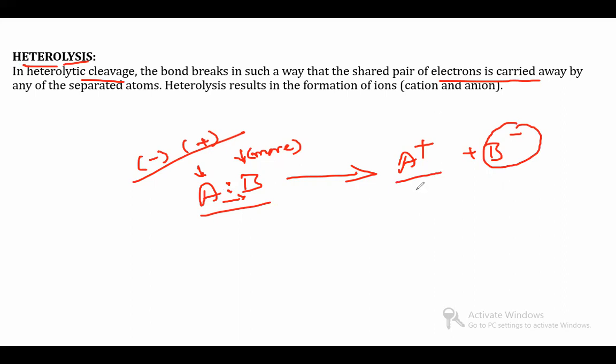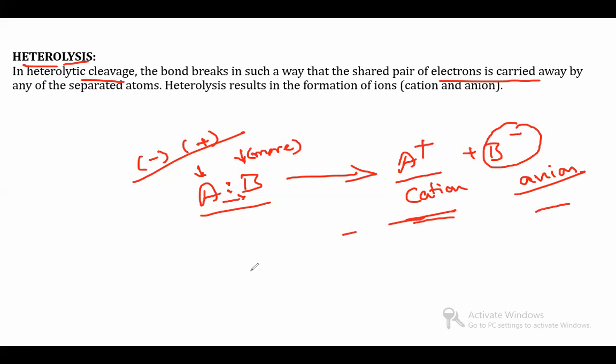Positively charged ions are called cations, negatively charged ions we call anions. So heterolysis results in the formation of a cation and an anion. This is because of unequal cleavage.